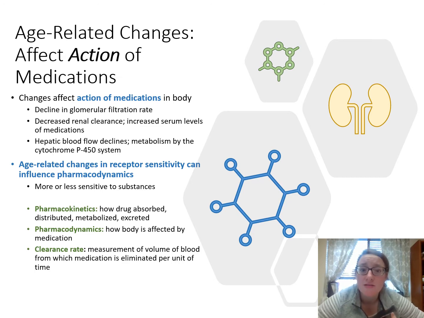And lastly, the highest risk medications that I want to throw out there that we want to look at closely in our older individual is going to be anticoagulants or antiplatelets, antidiabetics, NSAIDs, and any drugs that affect our central nervous system, such as anticholinergics.